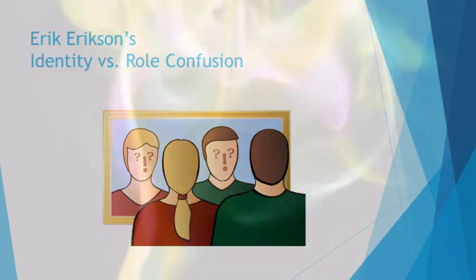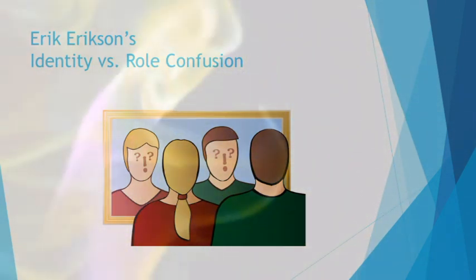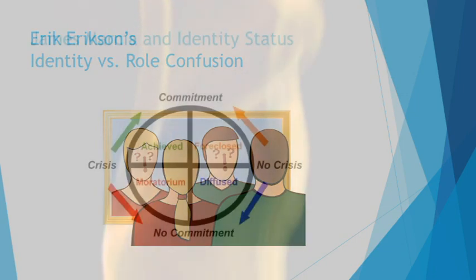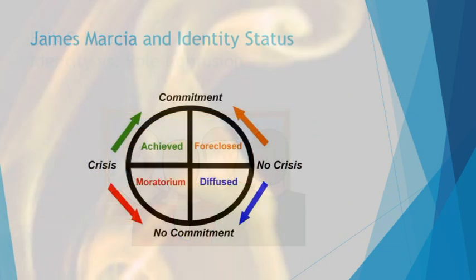And so when you have supportive relationships from family members and peers and mentors that can facilitate that exploration of identity, it really provides the adolescents with a sense of belonging and validation and makes that crisis that they have to go through that much easier.